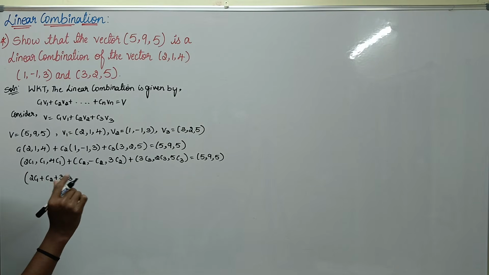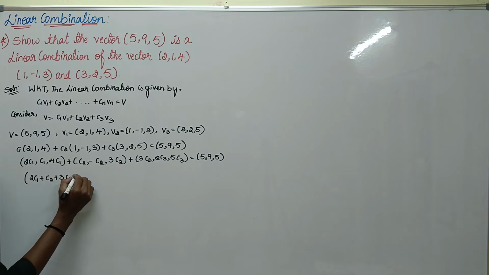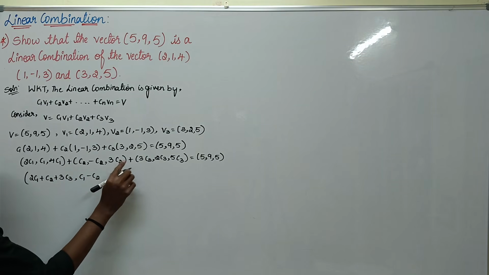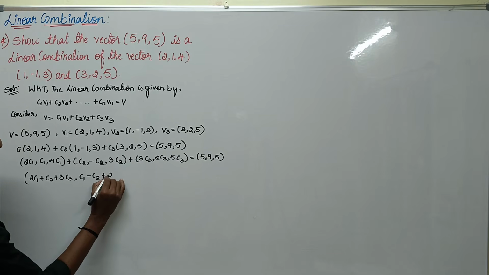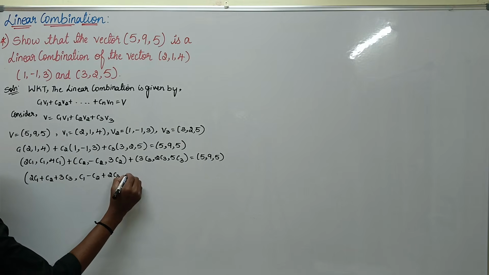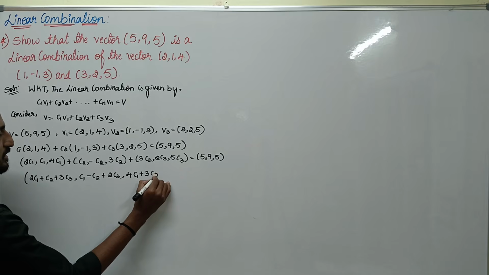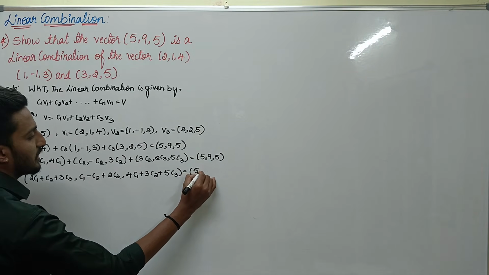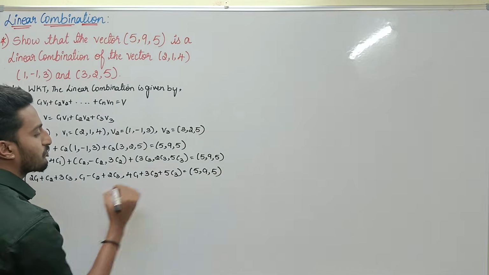Next, let us add the second term: C1 minus C2 plus 2C3. Next, the third term: 4C1 plus 3C2 plus 5C3, which is equal to 5, 9, 5.